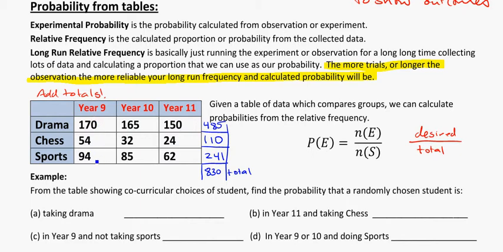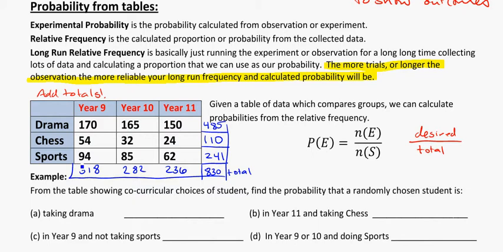Again, I would add all these numbers up, and you get 318. In the next column, for year 10s, a total of 282 students. And for year 11s, 150 plus 24 plus 62 gives us 236. And if I add all of those up, I should also get 830 total.